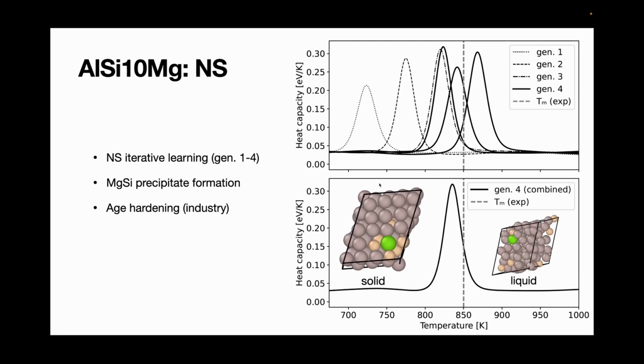And you can see during the solidification that you have these clusters forming inside this Al FCC lattice. This is actually a precipitate forming in an effect called age hardening, right? Every car wheel you see on the street is made of this alloy, and the reason it doesn't bend is because of these clusters impeding dislocations inside the alloy. So we're effectively doing metallurgy here using nested sampling.